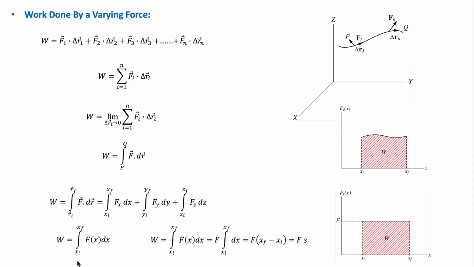So this equation represents the area under this curve, okay? So let's suppose that F is constant in magnitude. In that case, we can take it out of the integral, and the work will be equal to F times s, which is just the area of this rectangle.